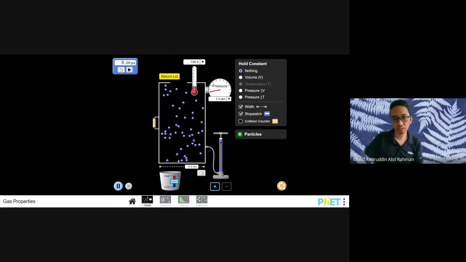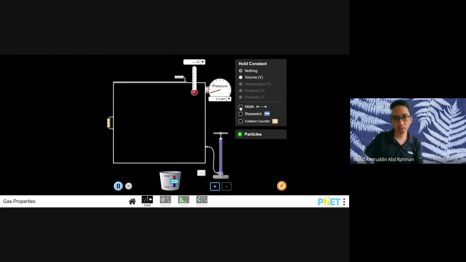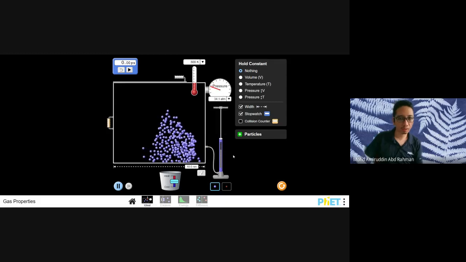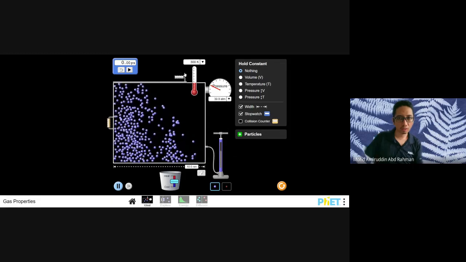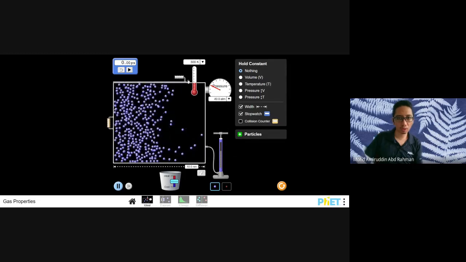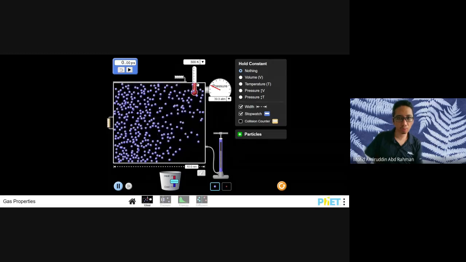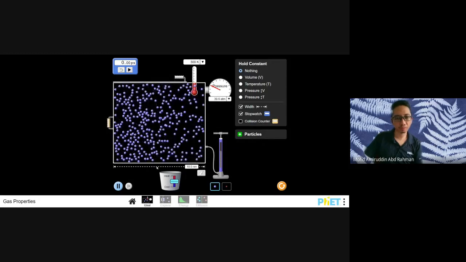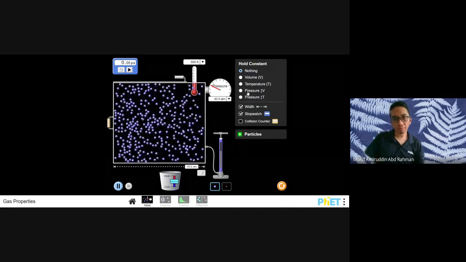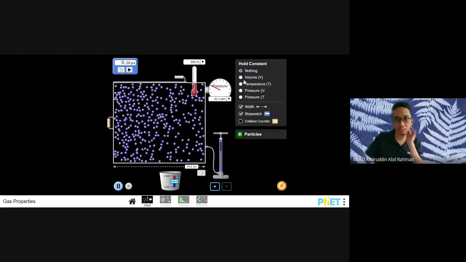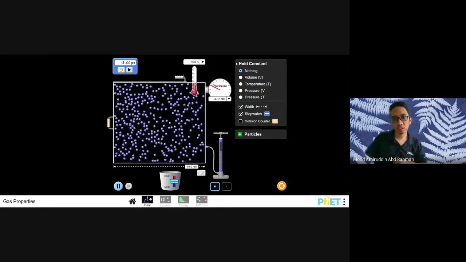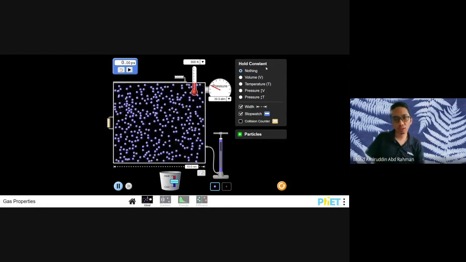Okay, so let's start again. You have the width 10, so you pump it. This one you can actually open or close. So basically over here, what constant do you want to hold?